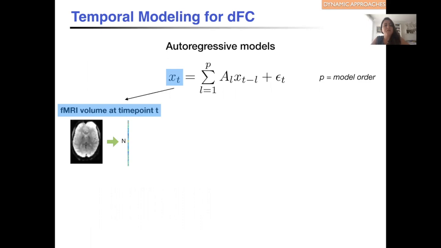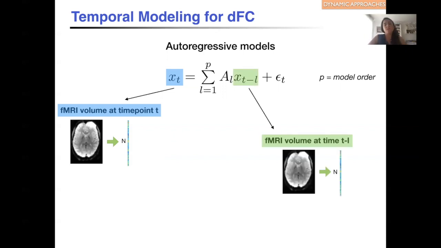In fact, this is the equation of autoregressive models, and here x_t is an fMRI volume at time point t, just vectorized, so with n regions. An fMRI volume at each time point is explained as a linear combination of previous volumes, of actually p previous volumes, p being the model order.